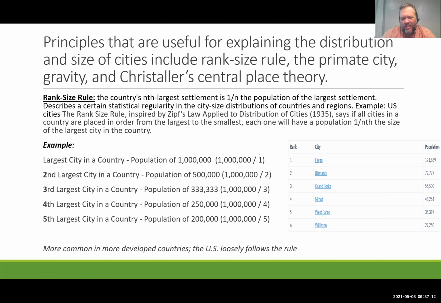If you look at a state or a country, or however you want to define it, in some places, and not a lot, and the U.S. kind of loosely follows this, it's more for developed countries, the idea is that the biggest city, let's say, has 1 million people in it, and the second biggest city will have 1 million divided by two. So take the population of the biggest city and divide it by the place that they're in. That would be somewhere around 500,000.